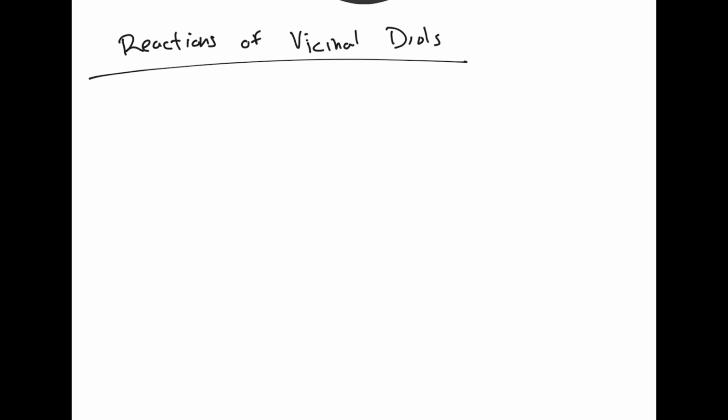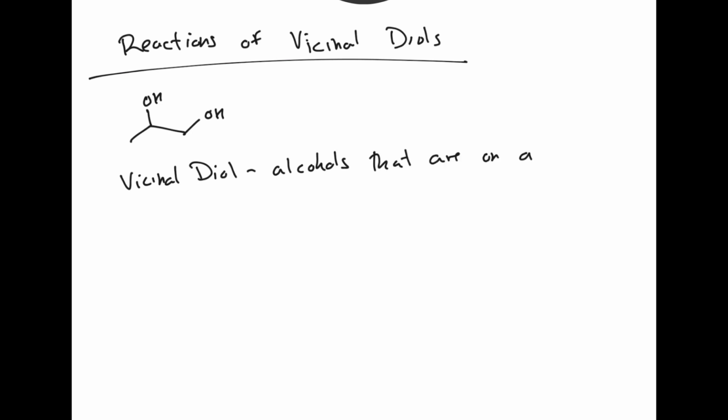So the last set of reactions we have to do for alcohols are the reactions of vicinal alcohols. All right. So a vicinal diol is just alcohols that are on adjacent carbons.